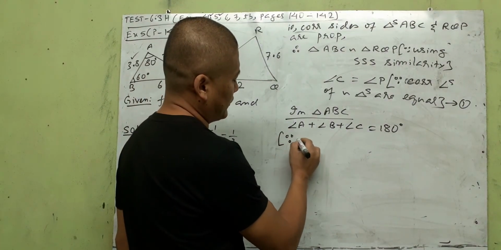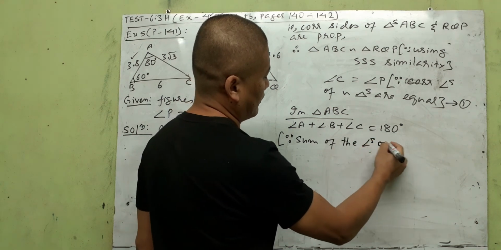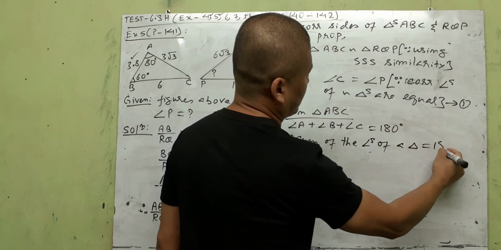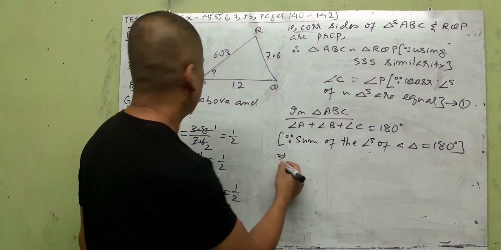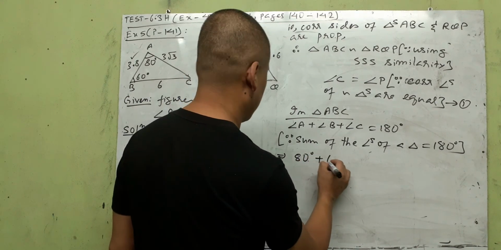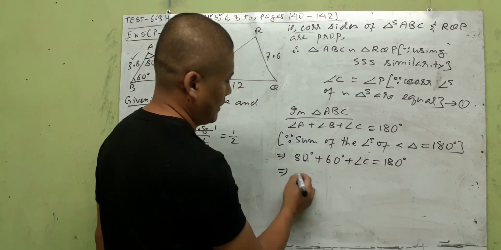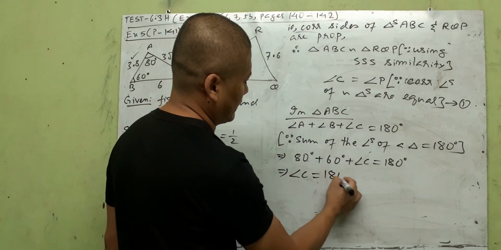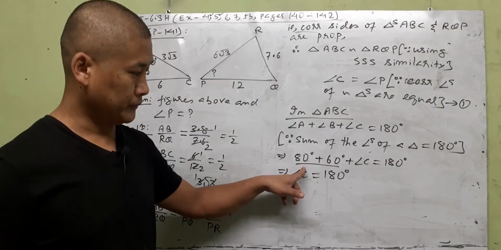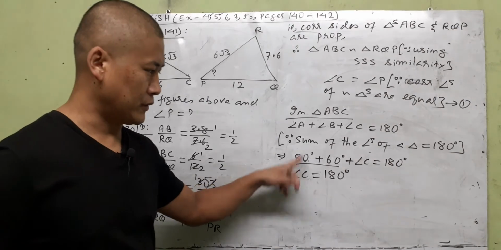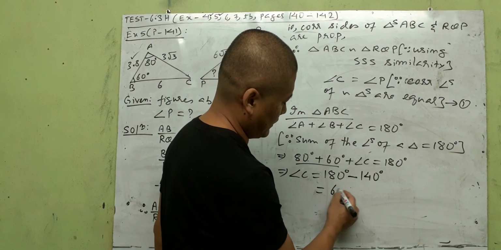We learned that the sum of the three angles in any triangle is 180 degrees. So A is given as 80 degrees, B is given as 60 degrees, C is not given, and the sum is 180. When you add these two, 140 degrees, so 140 goes to the other side, minus 140. Subtracting gives us 60.